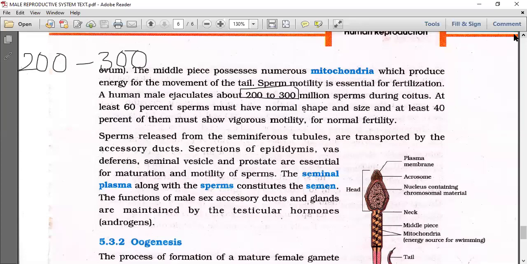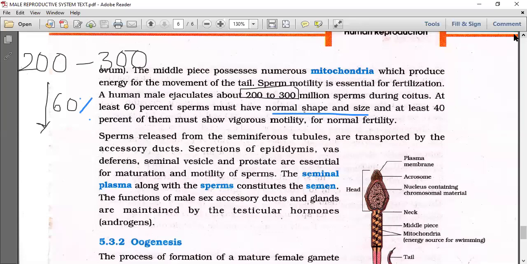At least 60% of these need to be of normal shape and size. All the 200 to 300 million may not have it, but at least 60% of them should have normal shape.